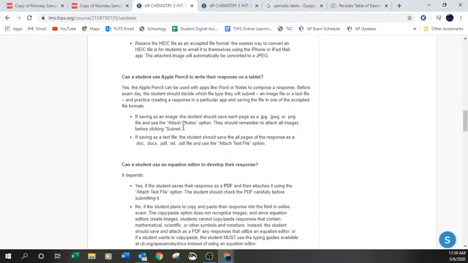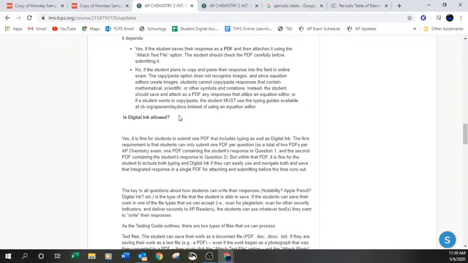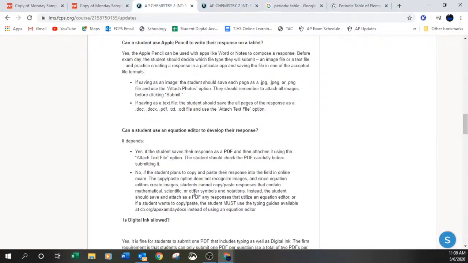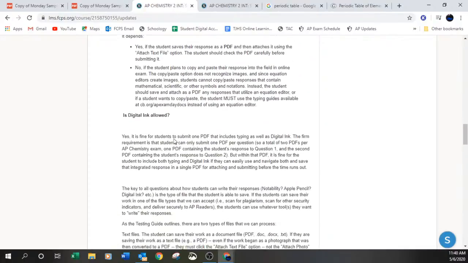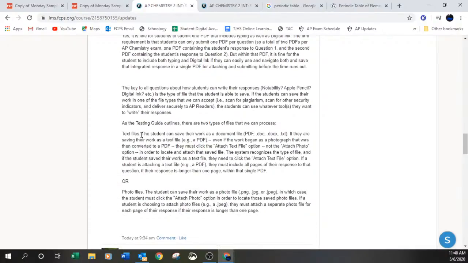Bunch of people were talking about Apple Pencils, digital ink, equation editors. There's some specific information here as to each of those and how you would go about submitting those. The biggest thing is that there are 2 types of files. This last part's the important bit. Alright? There are 2 types of files that they can process.